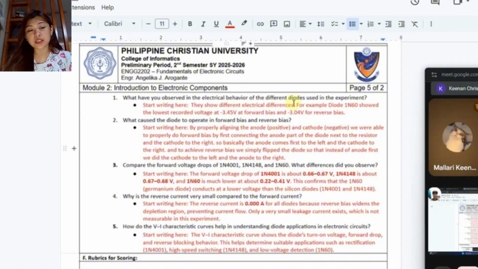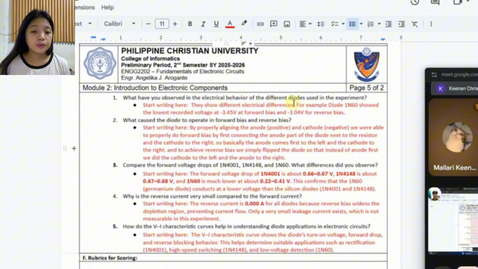This indicates that only a very minimal leakage current exists under reverse bias, which is too small to be detected by the measuring instrument. Therefore, compared to the forward current where current flows normally, the reverse current is almost negligible.